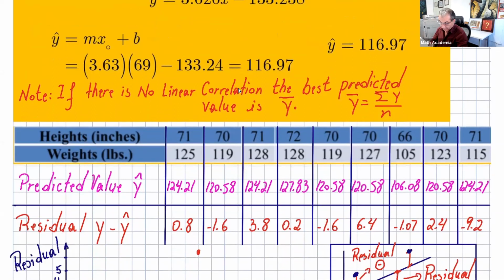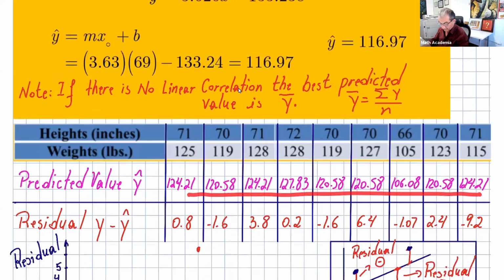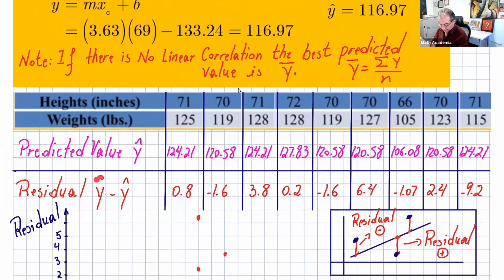Now, if we use this formula and we calculate the y hat, which are the predicted values, and for each one of them, these are the observed ones. If we use the equation of the line and we calculate, we get all these values. And a residual is y minus y hat, that number minus that number.